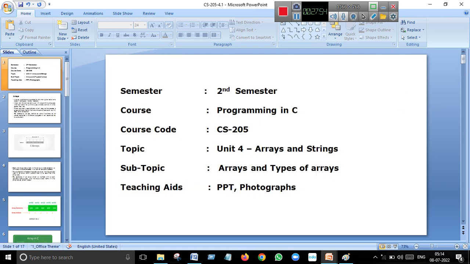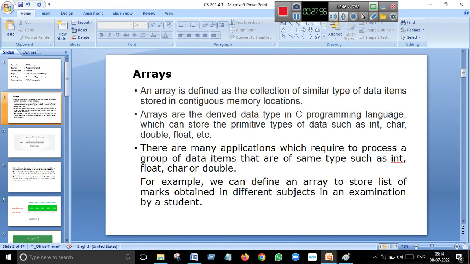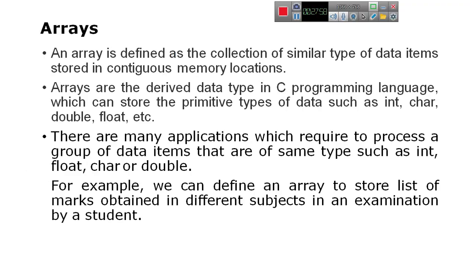Here is the definition of an array. An array is defined as a collection of similar type of data items stored in continuous memory locations.